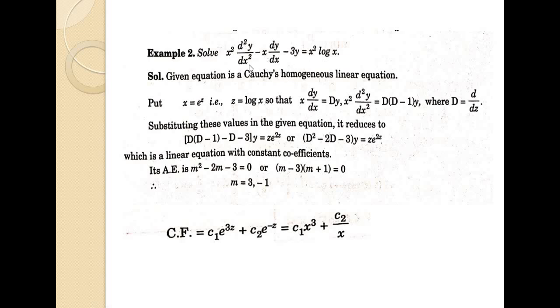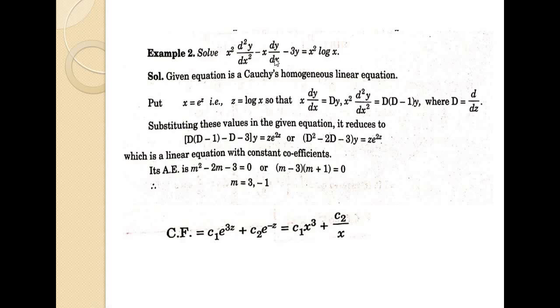It is a linear equation because the degree of the dependent variable and its derivatives is 1. It doesn't contain any products of the dependent variable and its derivatives, or products of various order derivatives, in this equation. So it is a linear equation. And look at the RHS. It is a function of x. So it is a non-homogeneous linear differential equation.